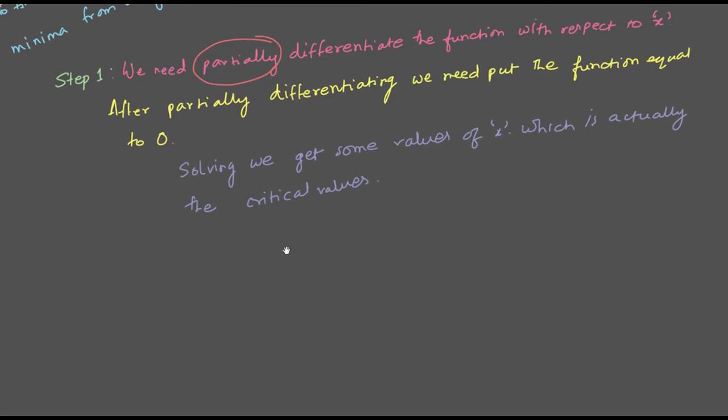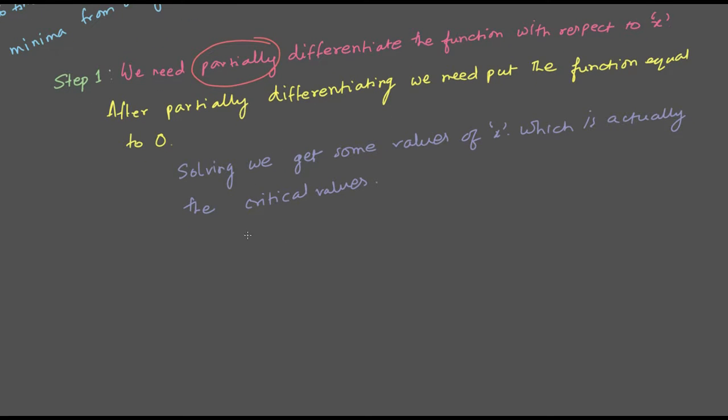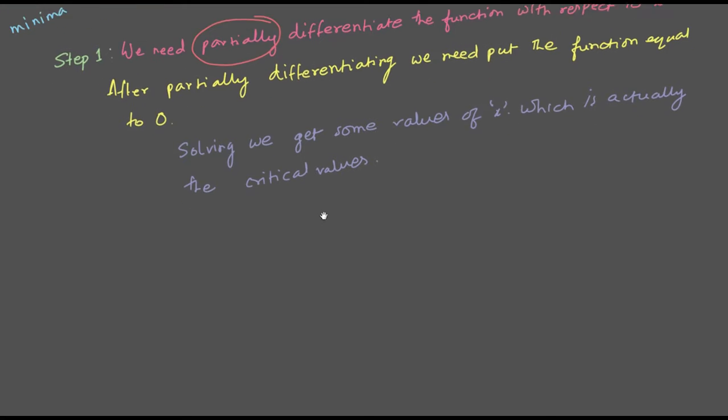Right. This is step 1. It is pretty easy. First, partially differentiate the function with respect to x or any other variable. After that, we need to put the equation equals to 0, and after solving, we get the value of x or any other variable.